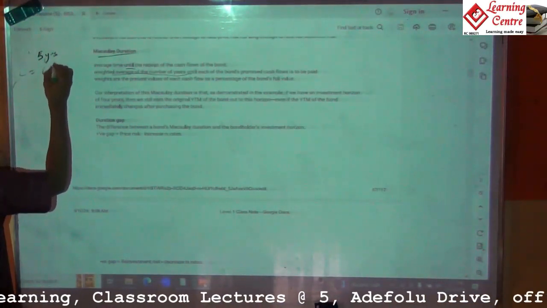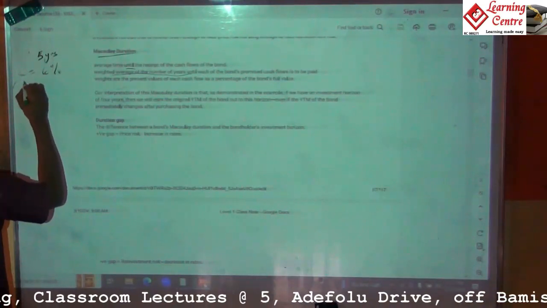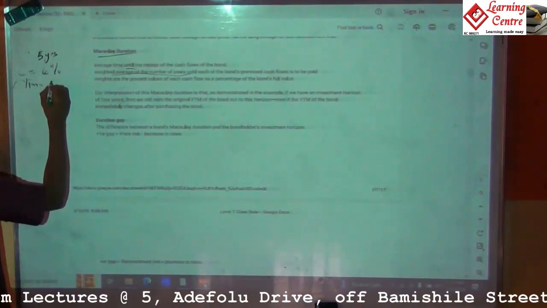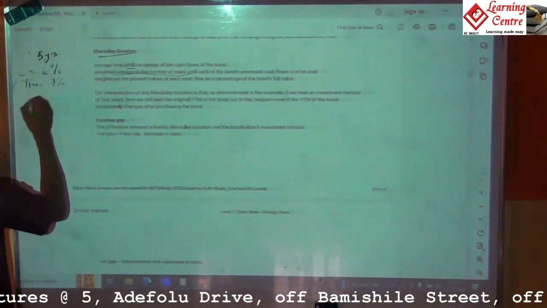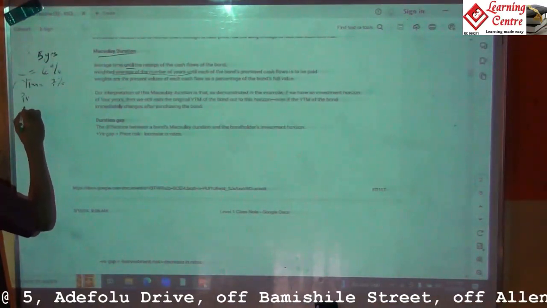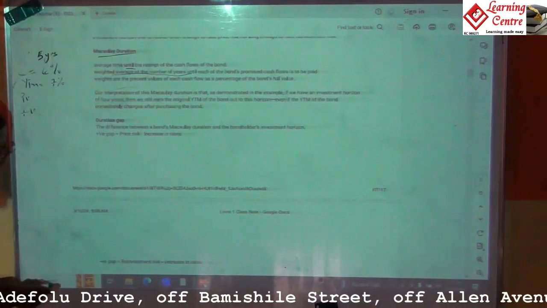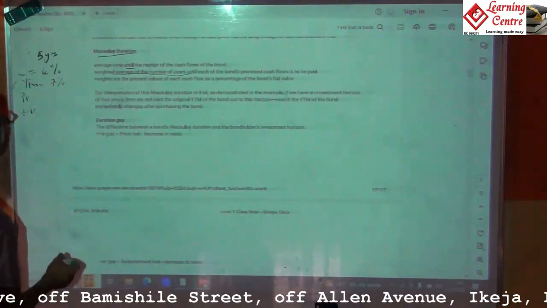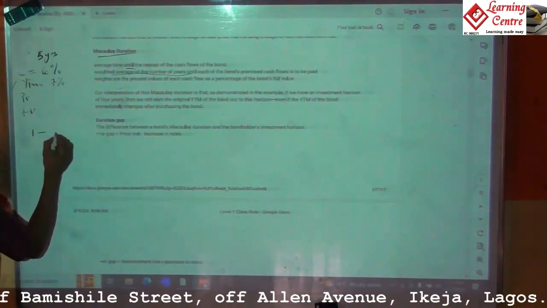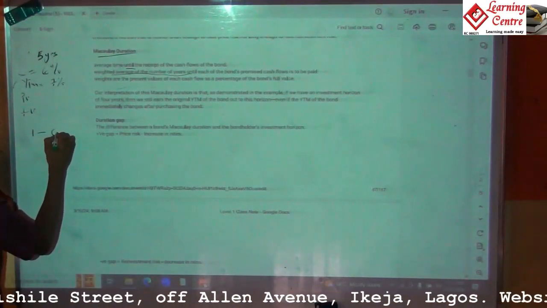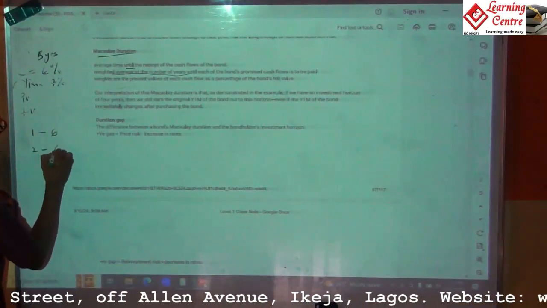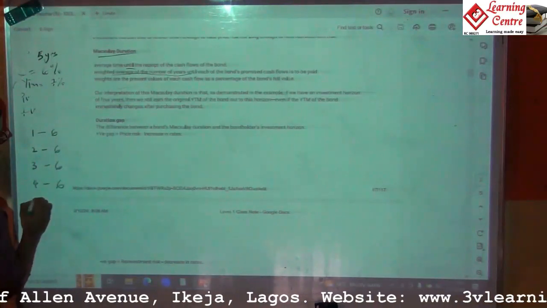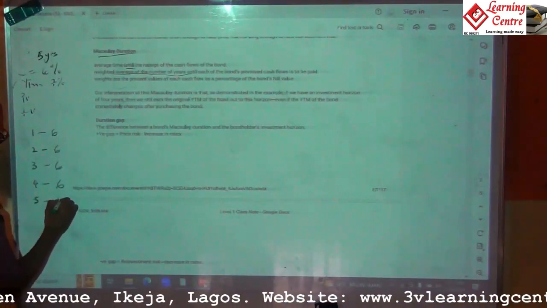Coupon is 6%, YTM is, let's say, 7%. After year 1, I collect 6, year 2, 6, year 3, 6, year 4, 6, year 5, 106.